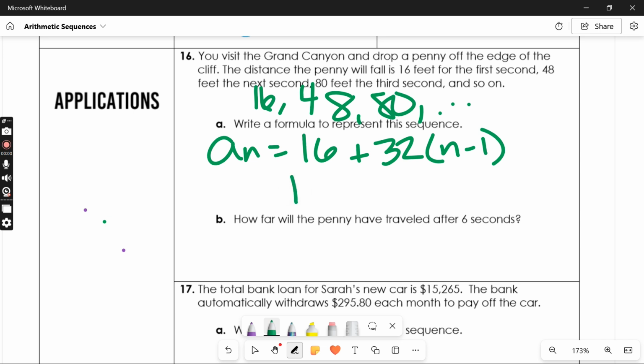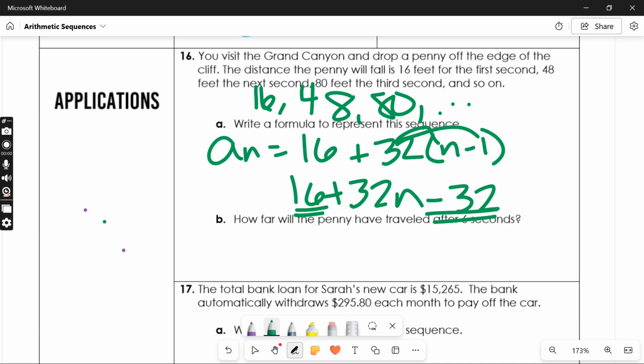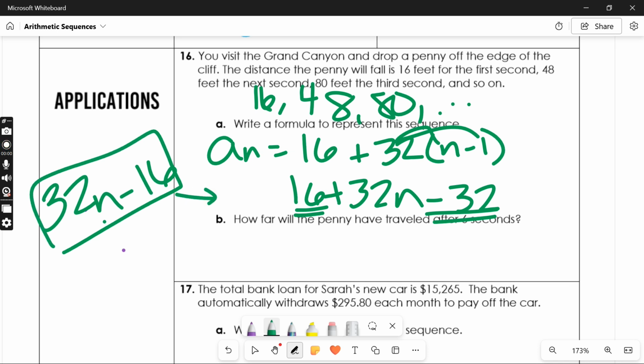I'm going to distribute, so 16 plus 32n minus 32. And then combine my like terms, 16 and -32. This would give me 32n minus 16. Okay, so this is my formula. This is my answer on part A.